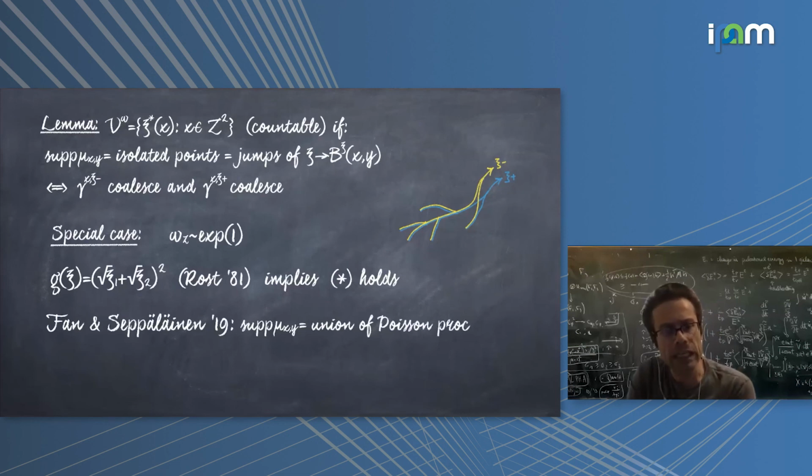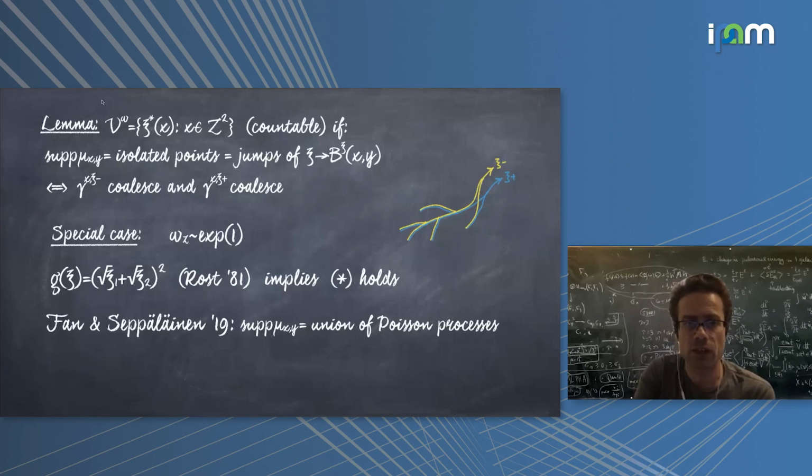Recently, Timo Seppalainen and Louis Fan actually characterized the support of those sets, and they turned out to be the support of these measures. They turned out to be a union of Poisson processes. In particular, this is a jump process, and so the set of exceptional directions is just the competition interfaces.